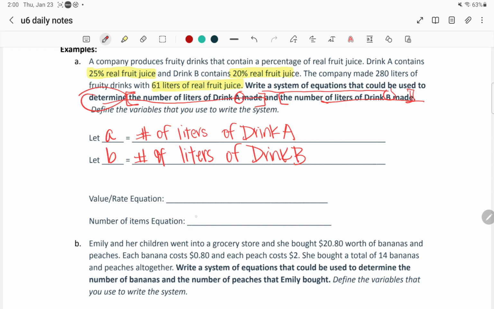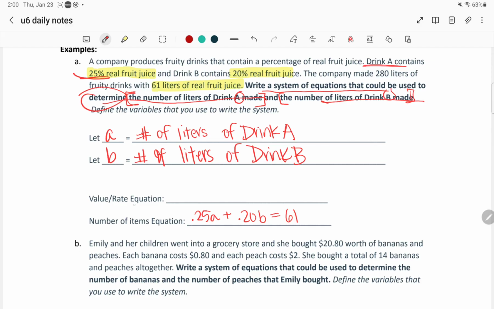Drink A, so we're going to put 25% with A, except they're not going to want percent, so we're going to change it to a decimal. 25% as a decimal is 0.25 A. So I'm keeping like things together. Drink A has the 25%, so that's what we're going with. Plus 0.20, because that's 20% as the decimal, drink B, and that combined is 61 liters of real fruit juice in total.